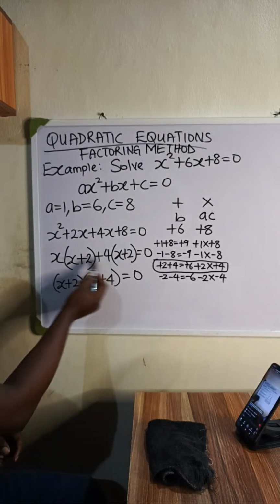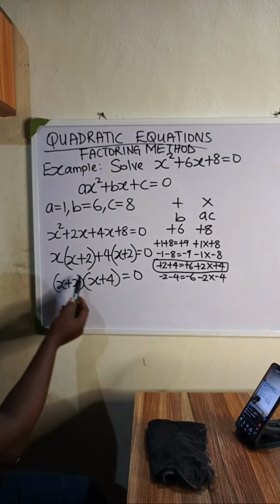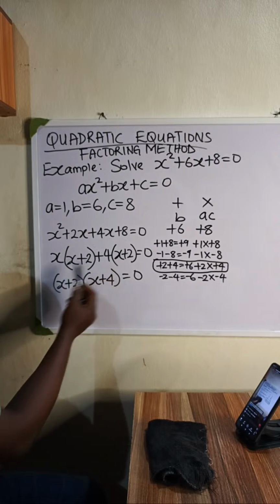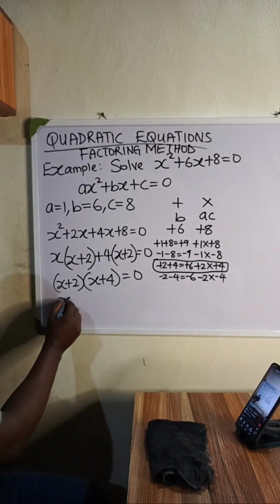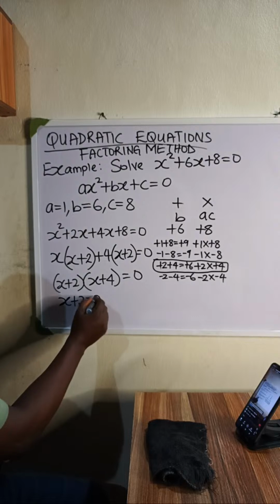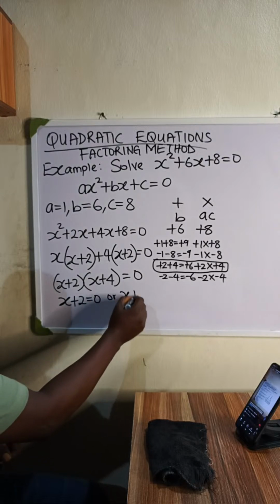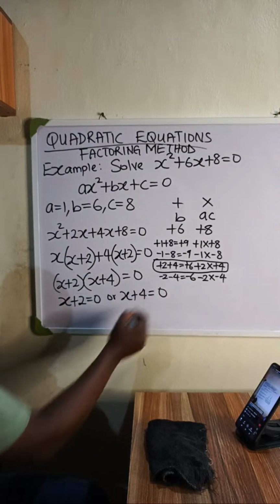The values outside the bracket, we put them in one bracket, since the values inside the bracket are the same. So now we can write x plus 2 is equal to 0, or x plus 4 is equal to 0.